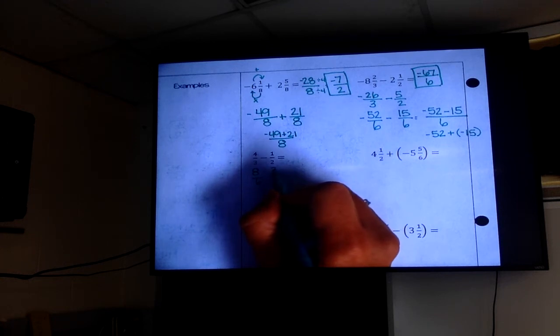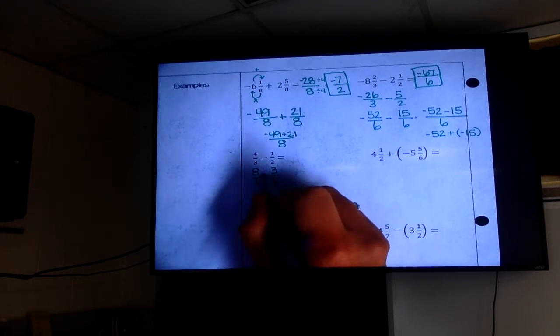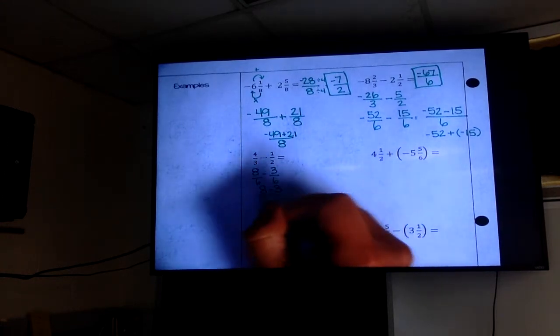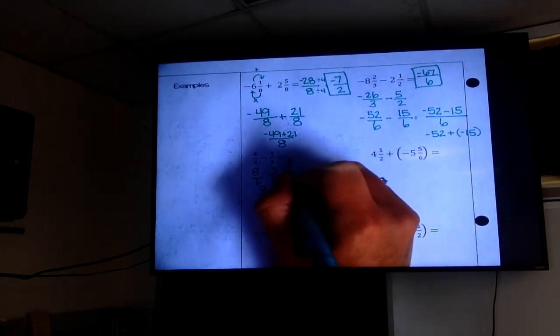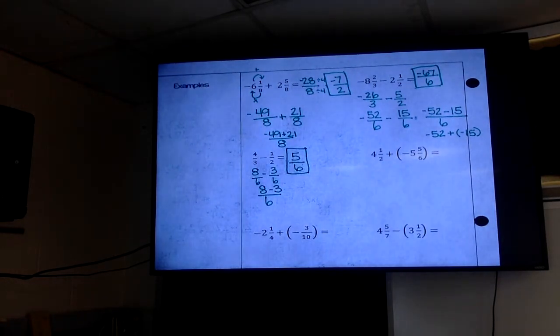So 1 times 3 is 3. So I'm going to write it like this. I have 8 minus 3 on the top, and they share a common denominator of 6, so I just make 1 6 now. And 8 minus 3 is 5, and the common denominator stays the same. And 5/6 is in its simplest form. That was an easy peasy one.